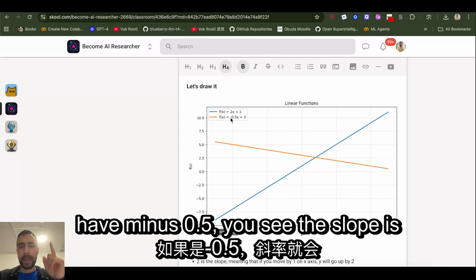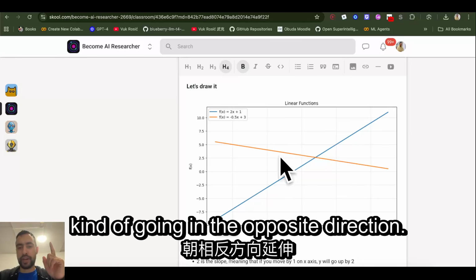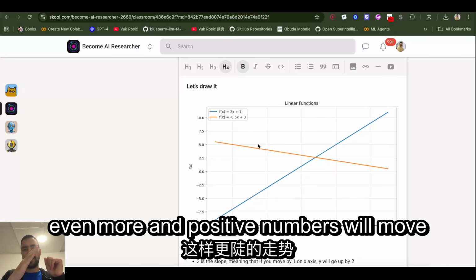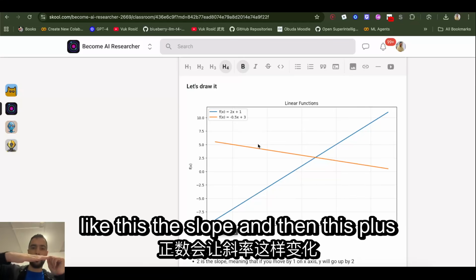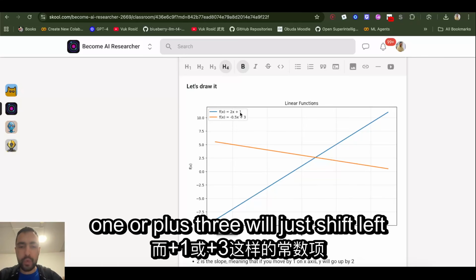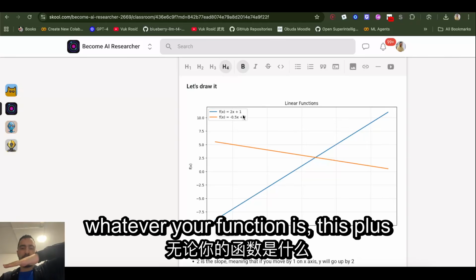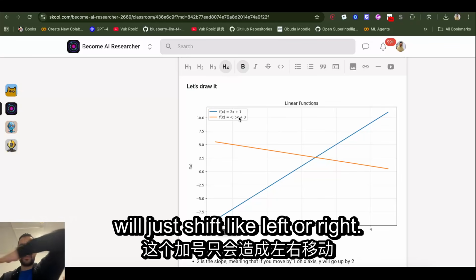If we have minus 0.5, you see the slope is going in the opposite direction. If we had an even bigger negative number, it could go even more like this, and positive numbers will move like this, the slope. And then this plus 1 or plus 3 will just shift the entire function left or right. So whatever your function is, this plus will just shift it left or right.